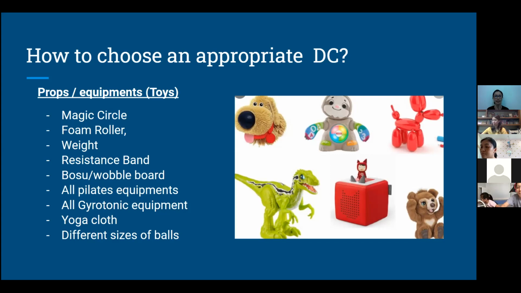So all the Pilates equipment: chair, trapeze table, ladder barrel, reformer, springboard, and the Gyrotonic equipment, like pulley towers, also the leg extension, jumping stretching board, jar toner, and archway. Then yoga cloth, the aerial yoga that I just showed you.